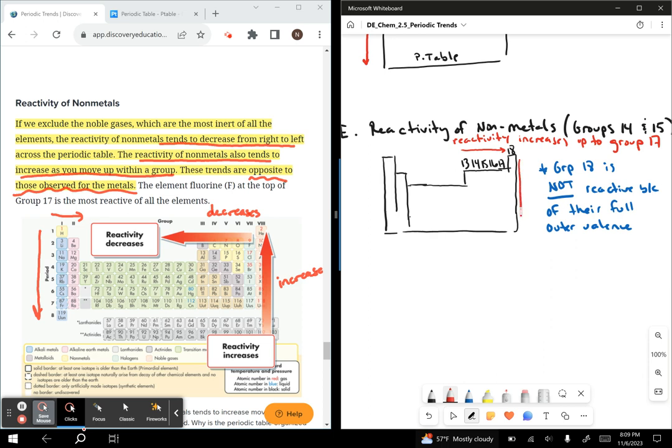Reactivity increases. What increases? The reactivity as you go up in the nonmetals, okay? I would pay special attention to that rule if I were you guys, okay?